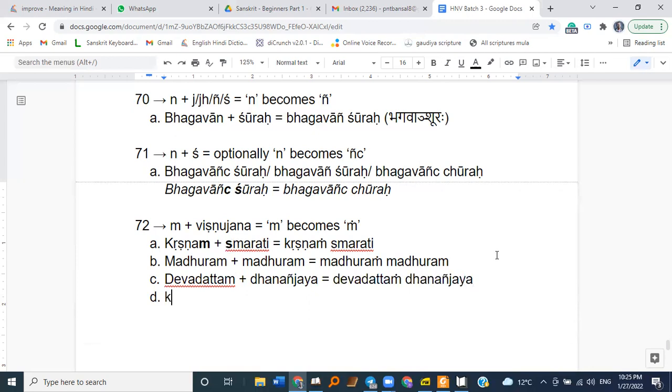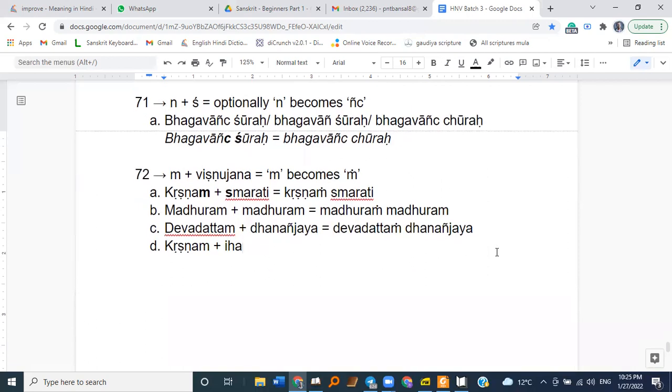Let's say if we have Krishnam Yukta Iha, just for an example. So here we won't apply 72 because it says that after Marama, we should have a Vishnu Jana following. So here we have a Swara, so no Sandhi.